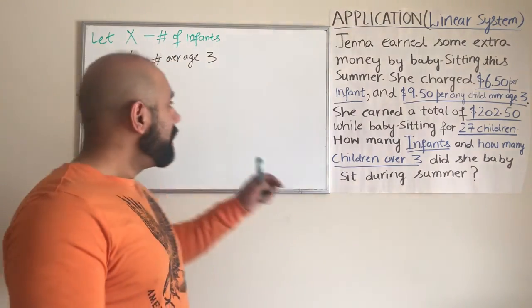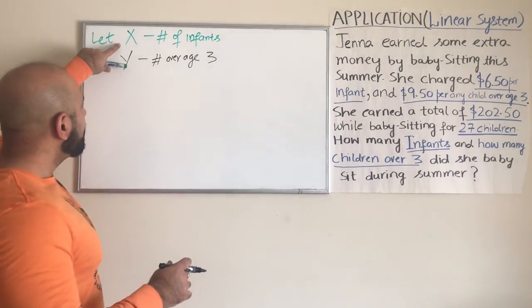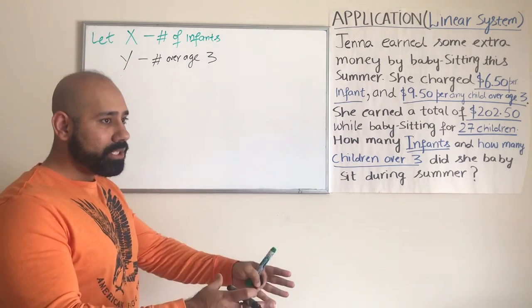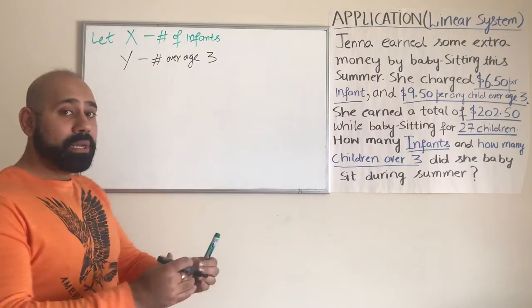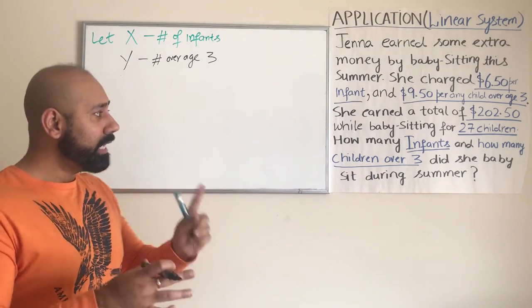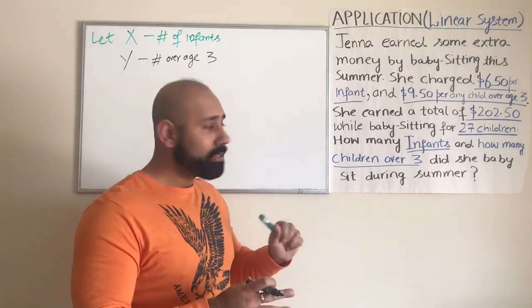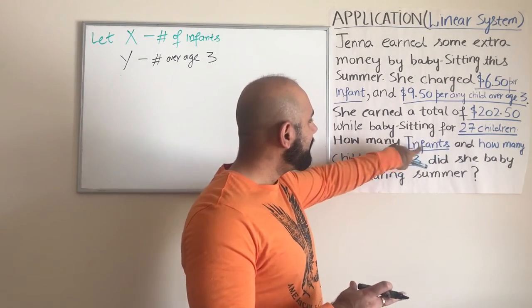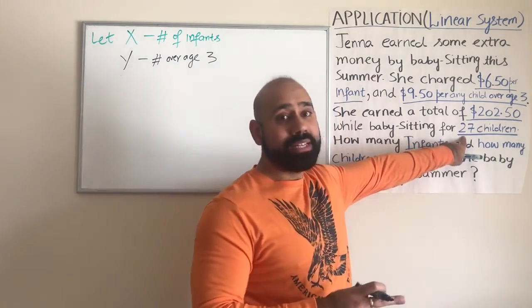Okay, so we say let X stand for the number of infants that she babysits and Y stand for the number of children over 3 that she babysits. Going back to the given information, it says what is the total number of children she is babysitting? Well, there are 27 children.